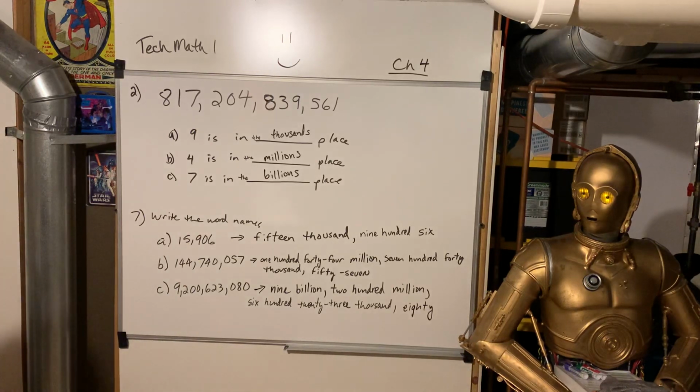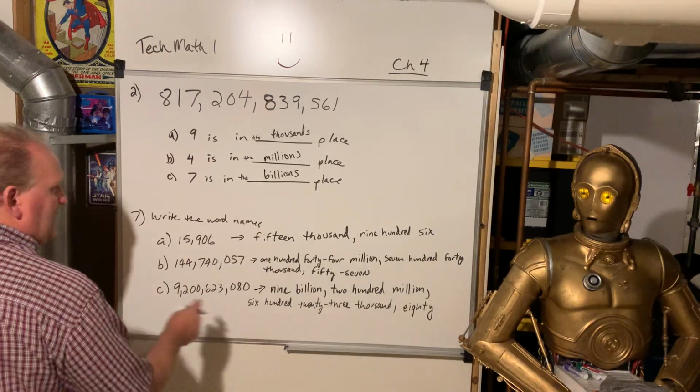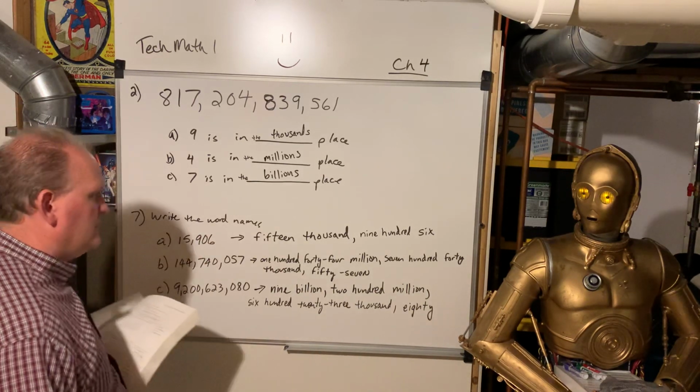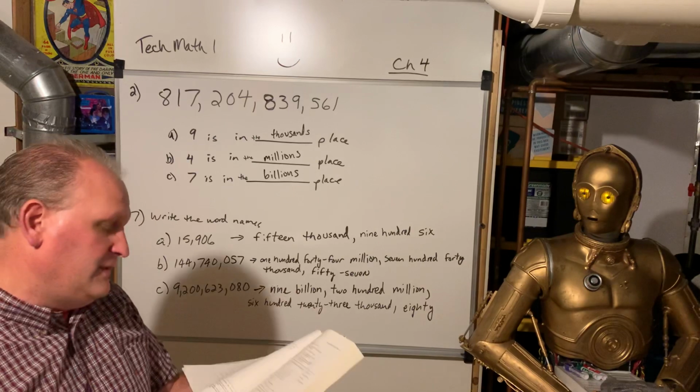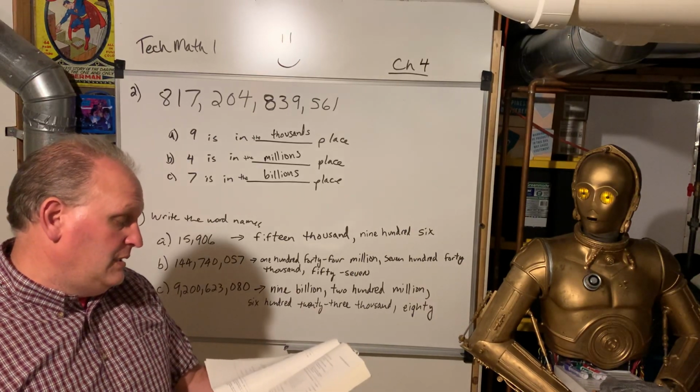All right. So we put commas in the words in the same places we would put commas in the numbers. So that's where you kind of pause when you're reading out loud.